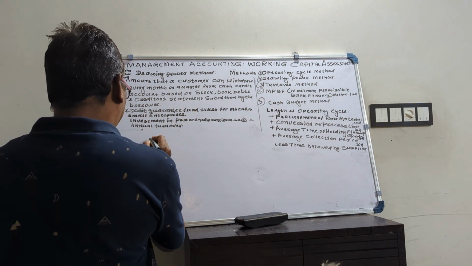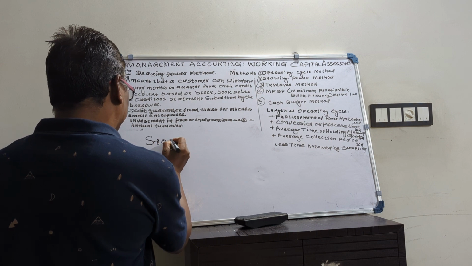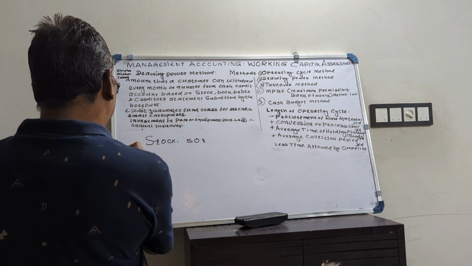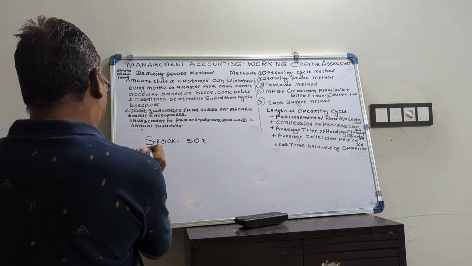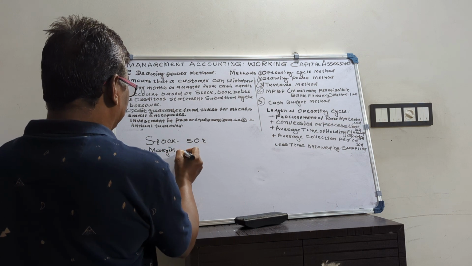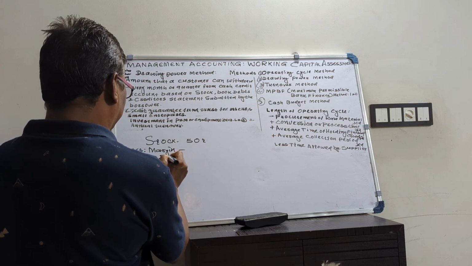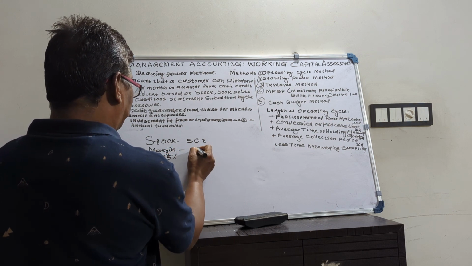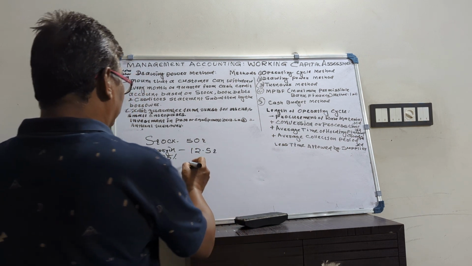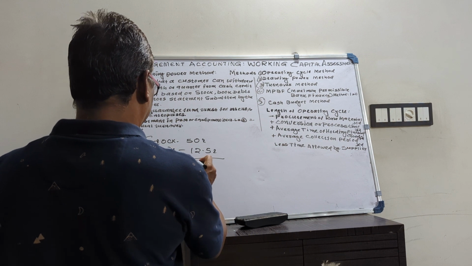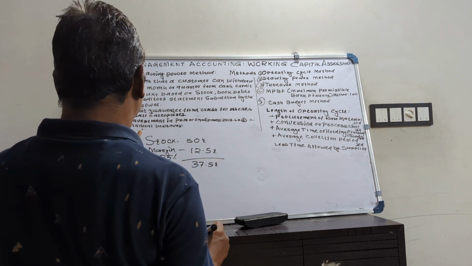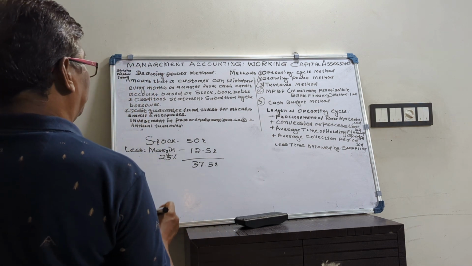So when the borrower submits the stock, suppose stock of 50 lakhs, the bank will keep a margin of 25%. 25% means 12.5 lakh. So the net is 37.5 lakh. This is our net stock, plus book debt.